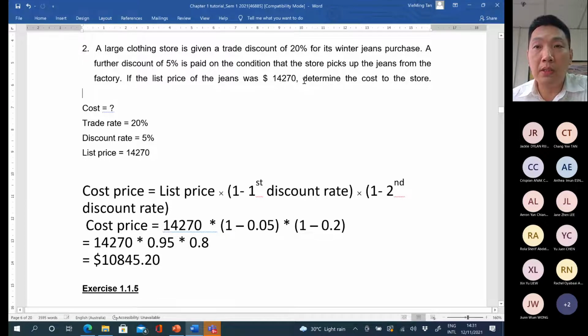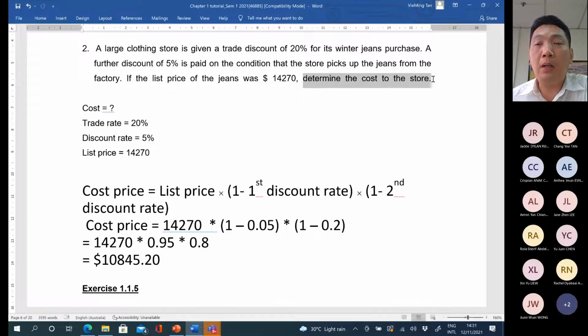So I think the problem now is this sentence, the cost to the store. This is not clear. It should be the cost price, or we call it the net price, that has to be paid by a retailer if the retailer purchases the jeans from this large clothing store. This question is not so clear, this sentence is not good.